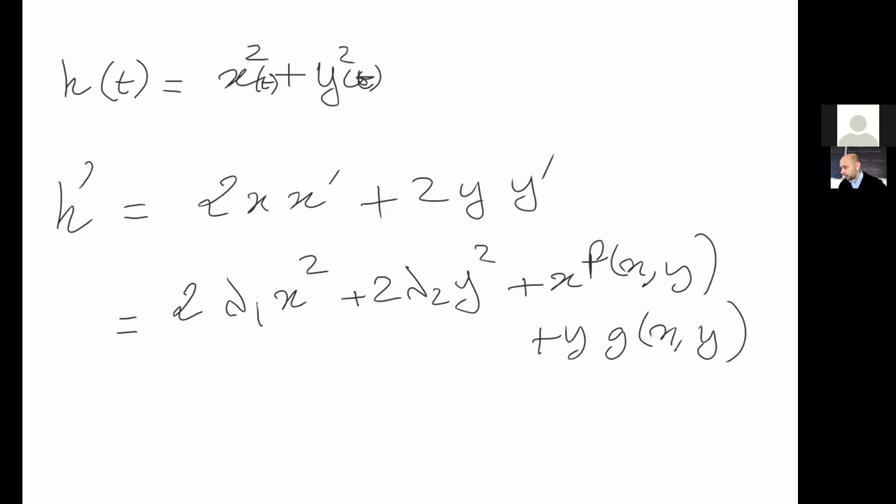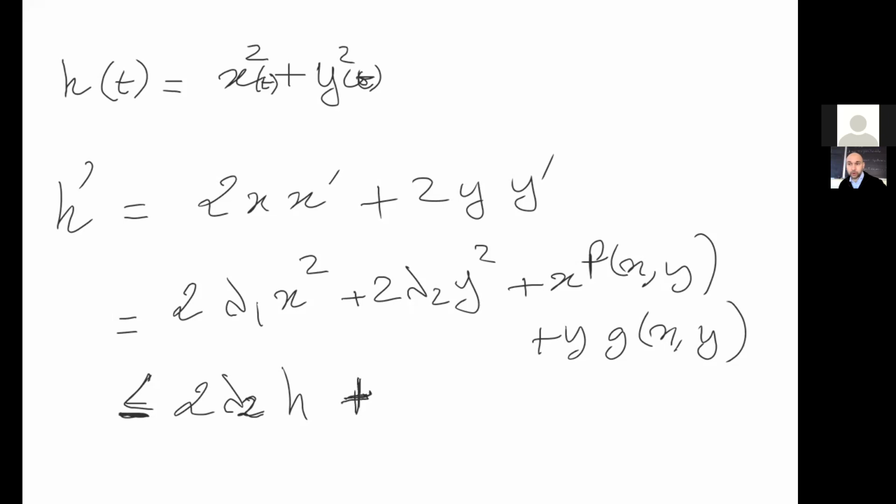Now this is less than, we made the assumption that lambda 1 is less than lambda 2, so this is less than 2 lambda 2 times x squared plus y squared, because it's negative, but this is H.